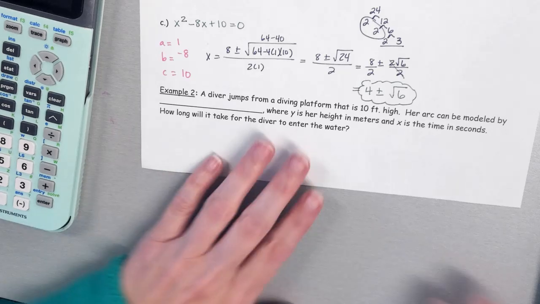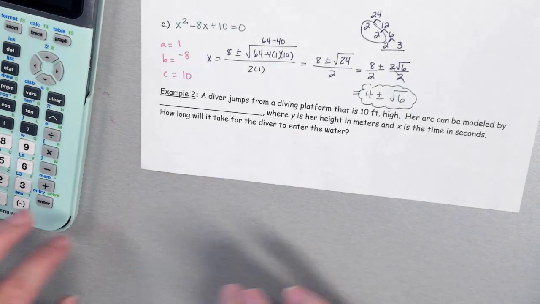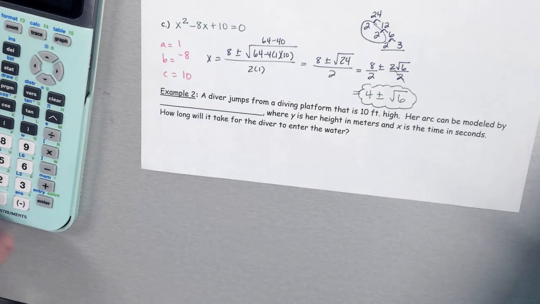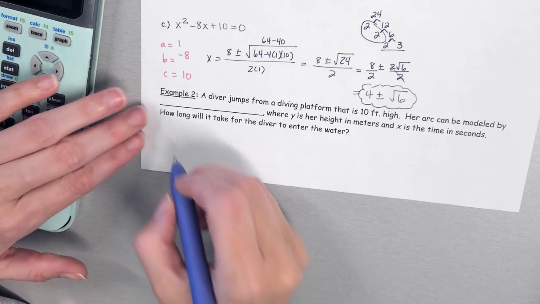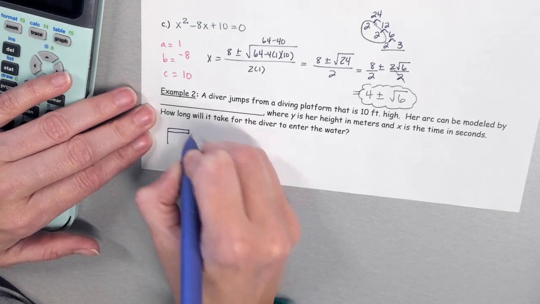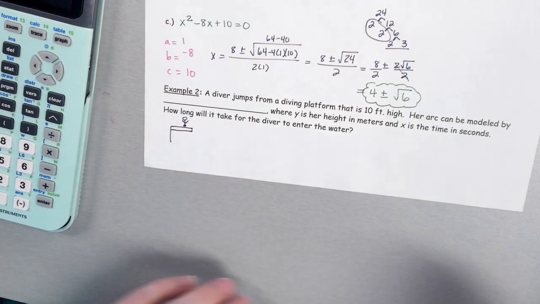All right, now in example 2, we're going to draw a little picture of this. We have a diver that is jumping from a diving platform that is 10 feet high. So I'm going to have a very basic drawing. This is my happy little diver here.